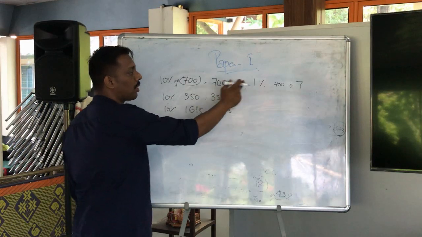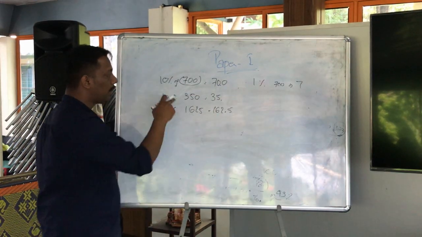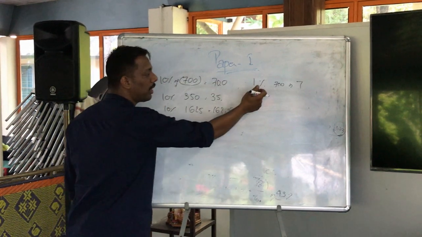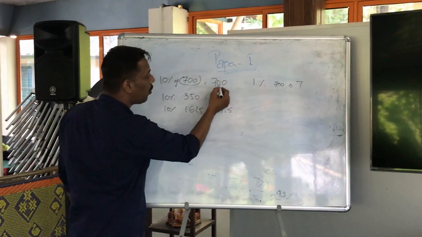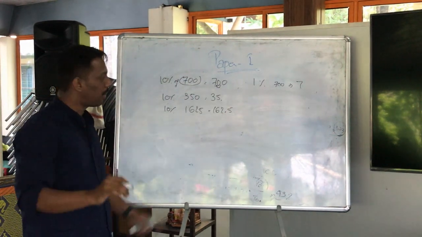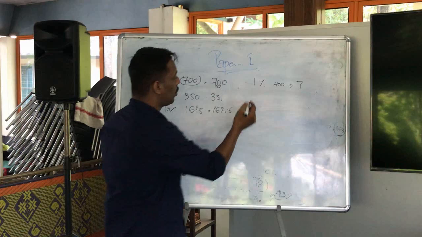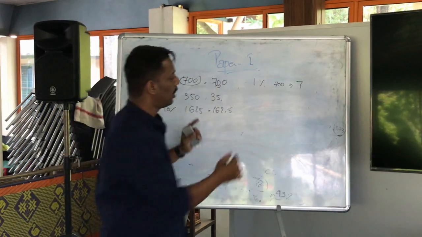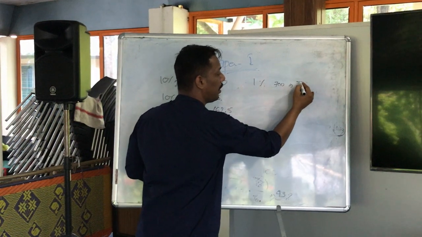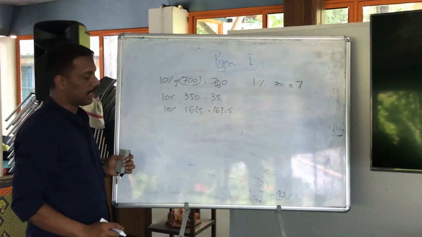Then you have to calculate 1%, which means again you have to divide by 10, right? So one more step to the left side. You put a dot from right to left. So 10% is 70, so your 1% is 7, right? 7 is your answer, 1%.